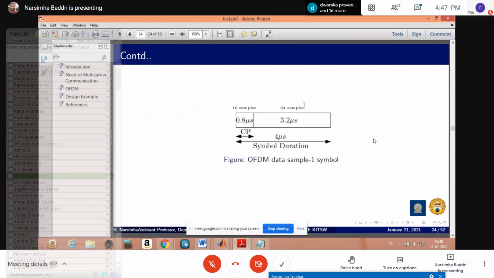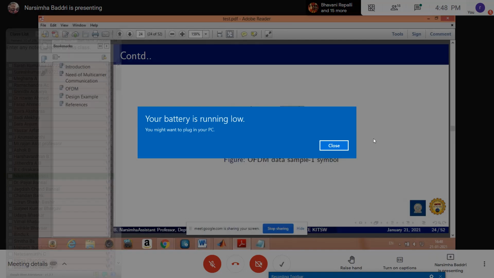This diagram you can see: this is one OFDM symbol. In 0.8 microseconds you will have 16 samples, and in the remaining 3.2 microseconds you have 64 samples.